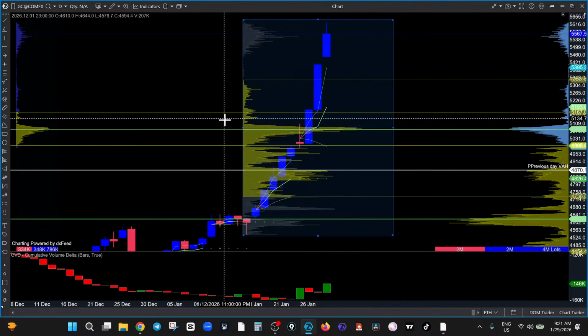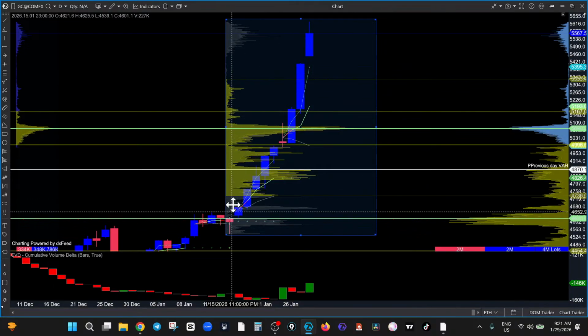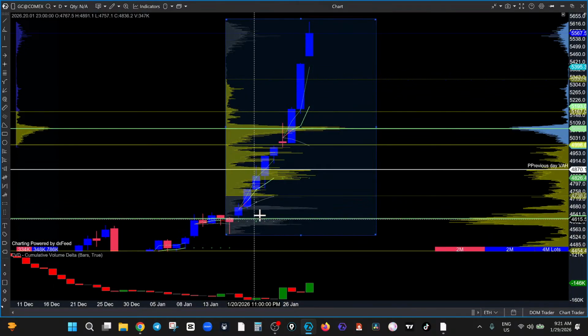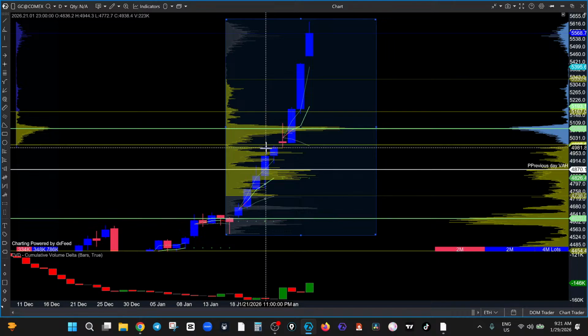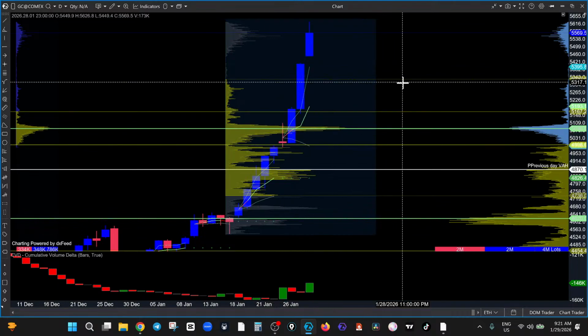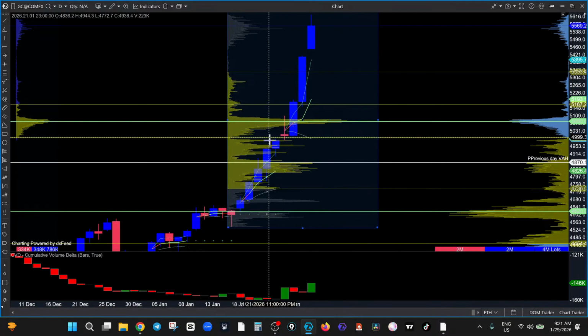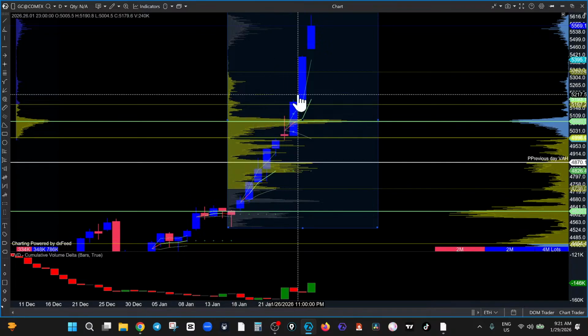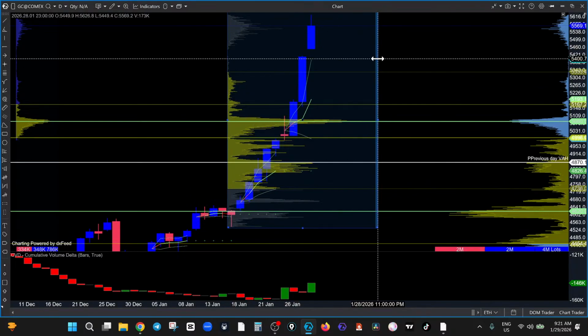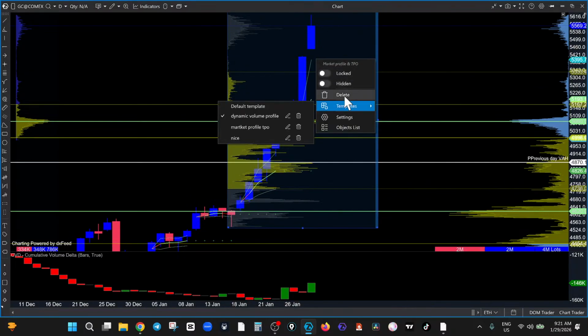Okay, and you can see the distribution of the trade from this low. The VPOC is within, is that the VPOC of this area? Yeah, this is extending here. It's within that Monday and Tuesday. Monday and Tuesday was where most of the trade was taken, and then price started flying.